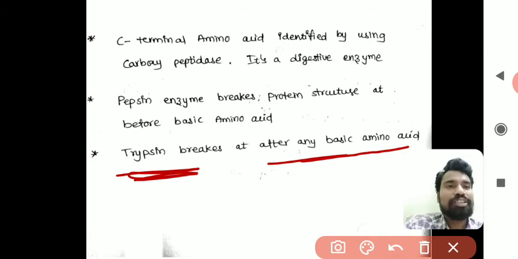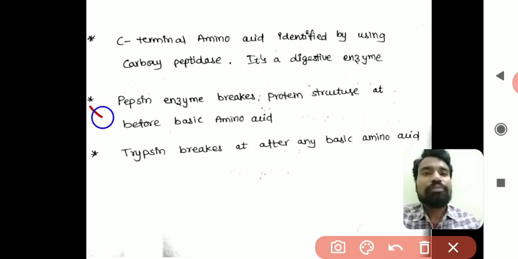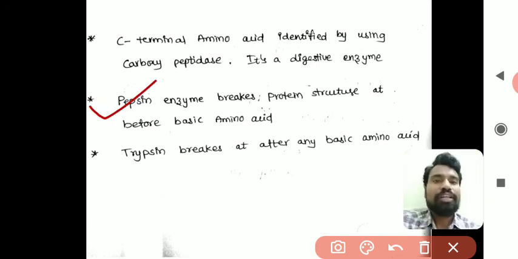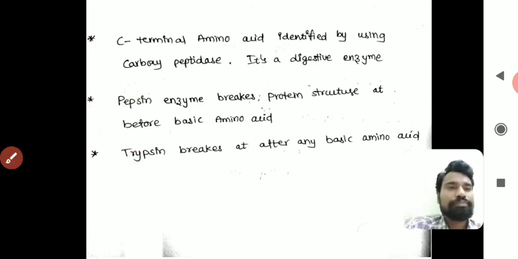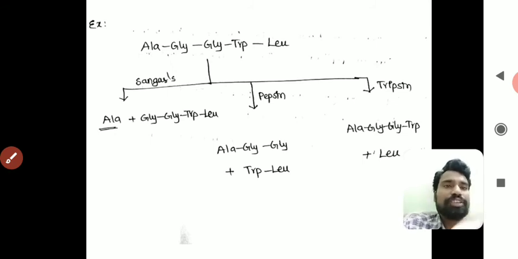After any basic amino acid, trypsin will break the sequence, right? Pepsin will break before the basic amino acid. Trypsin will break the chain after the basic amino acid. So just observe an example here.